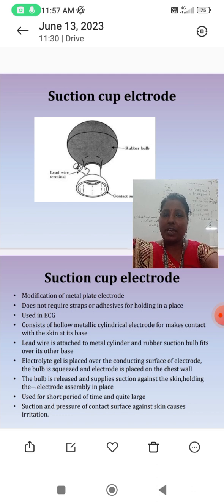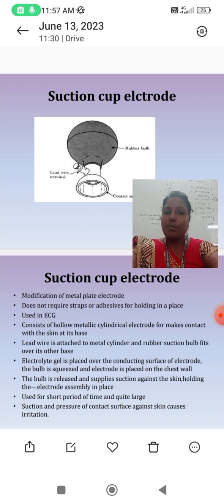It consists of a hollow metallic cylinder which is the electrode, and this electrode is attached with a lead wire terminal where the wires are connected. And at the other end of this hollow metallic cylinder, there is a rubber bulb, a suction bulb, which is used to fix this electrode on the skin.